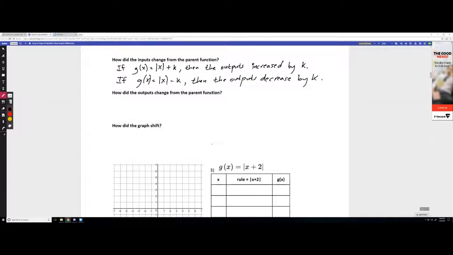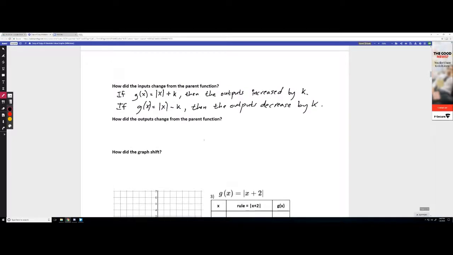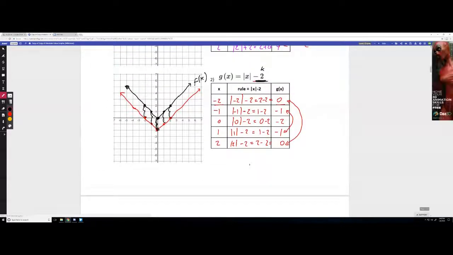Now, how did the outputs change from the parent function? Oops. You guys see my mistake? They're talking about inputs here, silly Mr. Webb. So everything that I just wrote here is actually the answer for this question. So again, the inputs did not change. If you look at our x values, I'm still using -2, -1, 0, 1, 2, right?